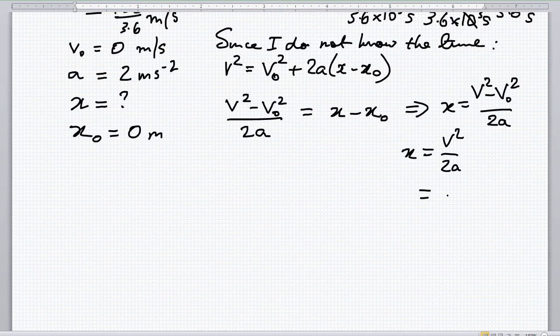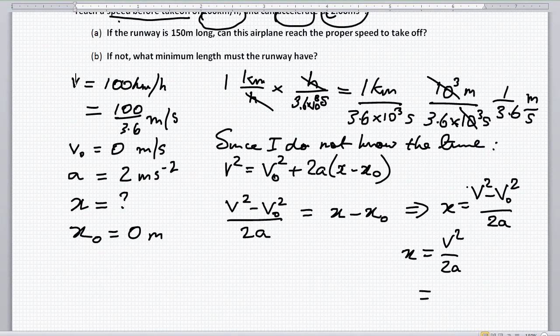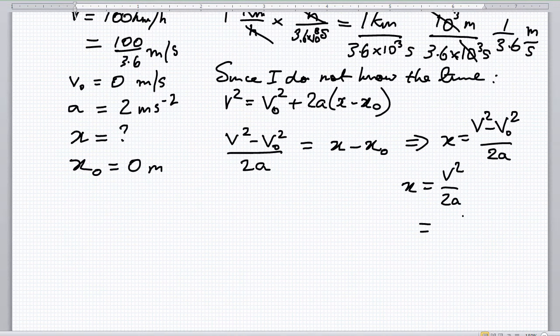And I'm going to put the numbers in. V squared is 10 squared over 3.6, divided by 2 times 2, which is 4. So I'm going to put a 4 there, right? So this is, let's check the units.